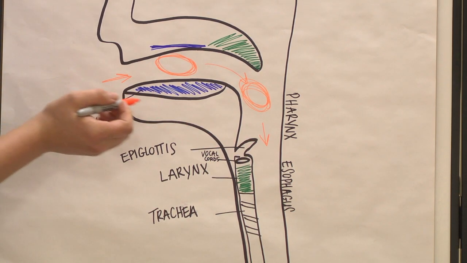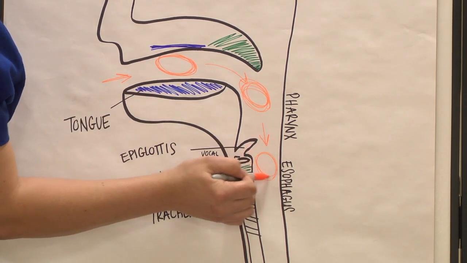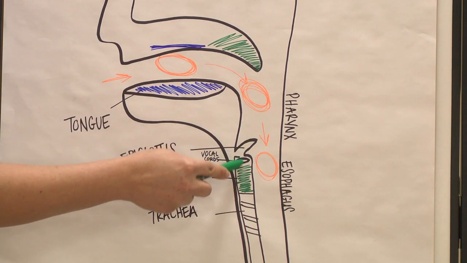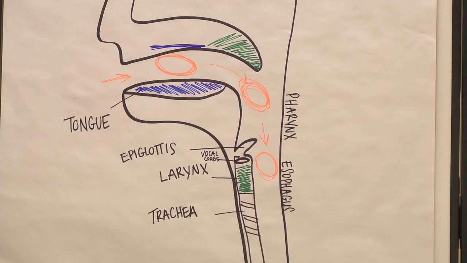Now, we don't want the food to go back into the mouth or up into your nasal cavities. And we certainly don't want the food to go down into the airway because that would cause choking, an inability to breathe, and aspiration into your lungs. Now the autonomic system takes completely over.